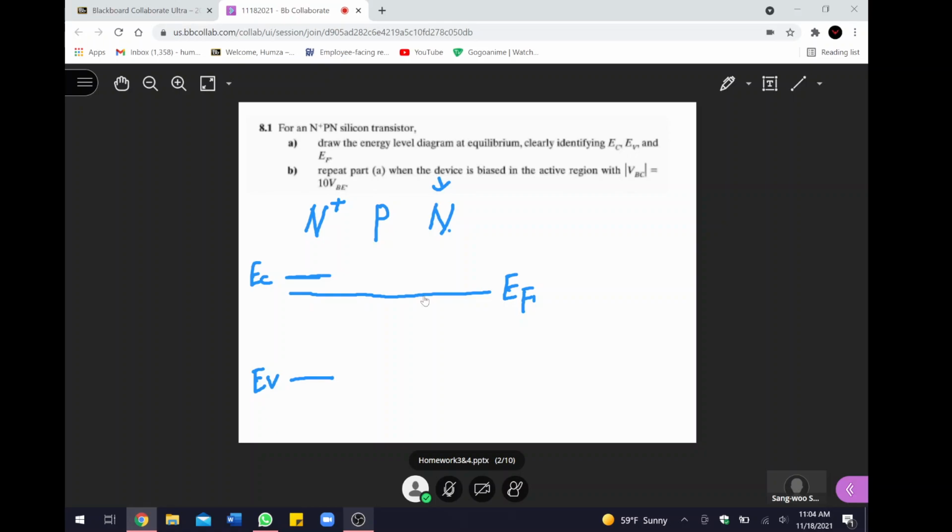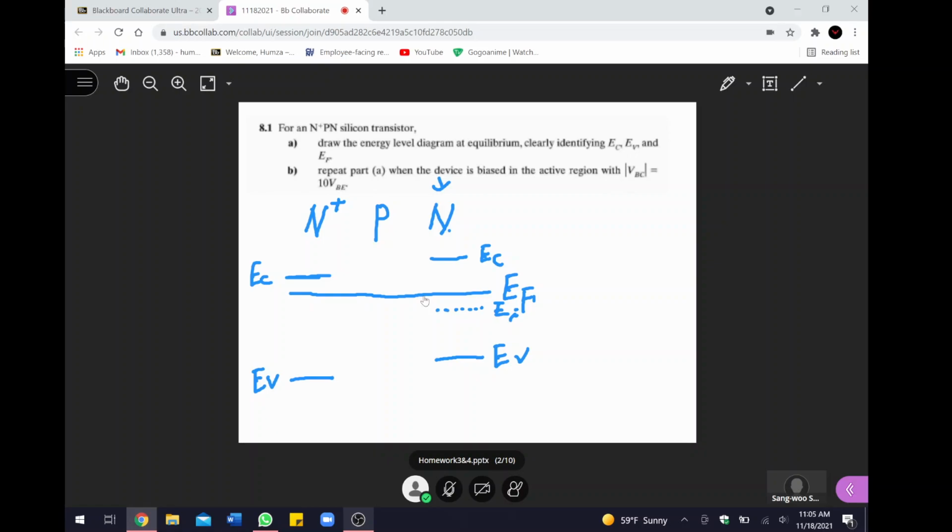To represent that, the separation between the EC and EF is larger than on the emitter side. Then you draw the EV here. EI is in the middle, and this represents the N-type semiconductor.